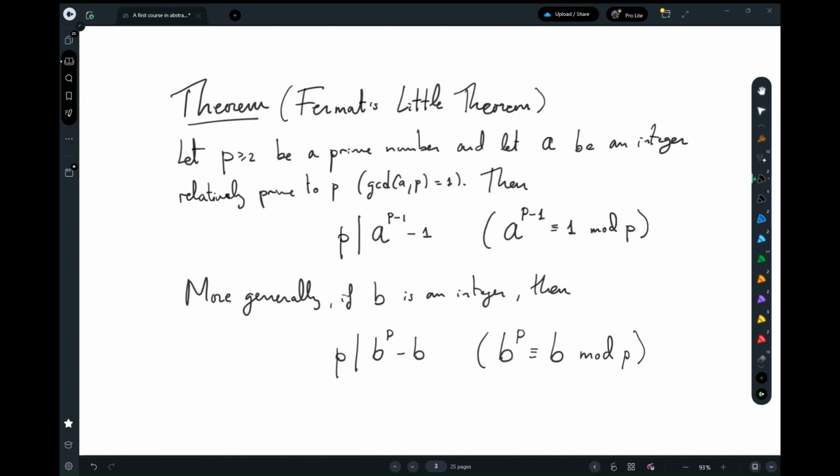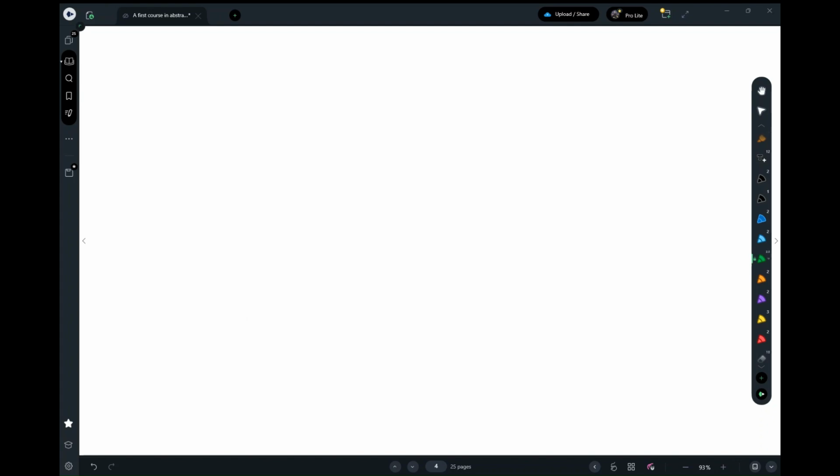This says that, for example, if I take p to be 5, then p minus 1 would be 4. So this says that 2 to the 4 minus 1 has to be divisible by 5. And this is 16 minus 1, which is 15, which is divisible by 5. This is 3 times 5.